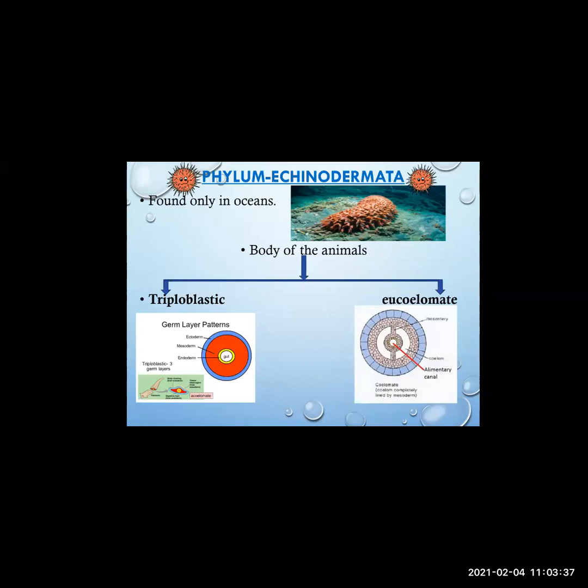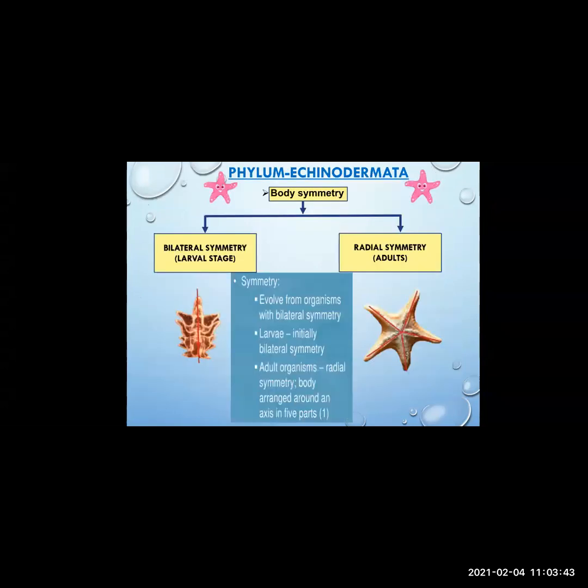So that's why the body is triploblastic and eucoelomate. Next, how is the body symmetry of these animals? These animals show two types of symmetry. One is bilateral symmetry, another one is radial symmetry.